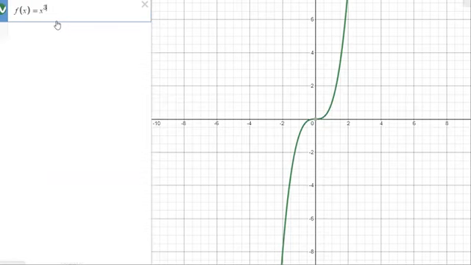It kind of looks like a flipped upside down S. So what points does it have? It has a point at 0, 0. It has a point at 2, 8. You can't see it up there, but it also has a point at 1, 1. It also has a point at -1, -1 down here. So let's graph those.